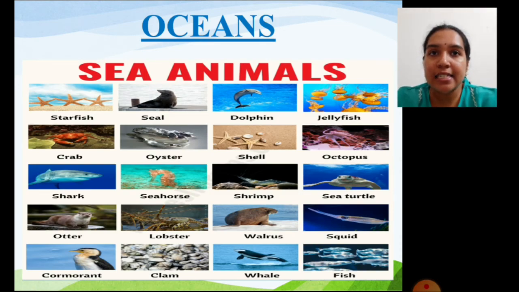The different sea animals we see are starfish, seal, jellyfish, crab, oysters, shells, octopus, shark, seahorse, shrimp, sea turtles, whales, etc. And they adapt themselves to that habitat.